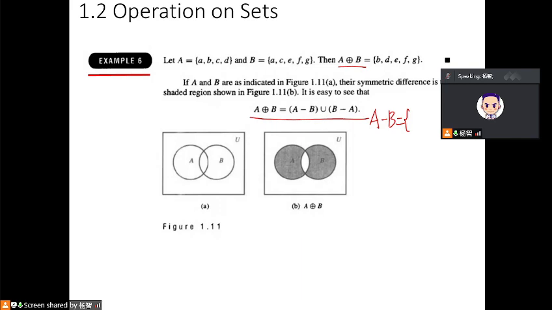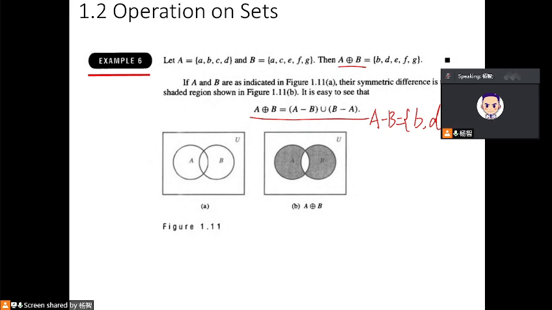Everyone pay attention to this page and give me the answer. We have B and D. Okay, only these two elements. This is A minus B.